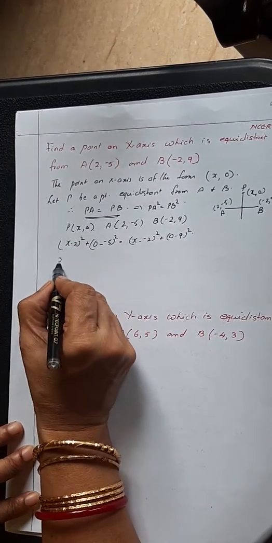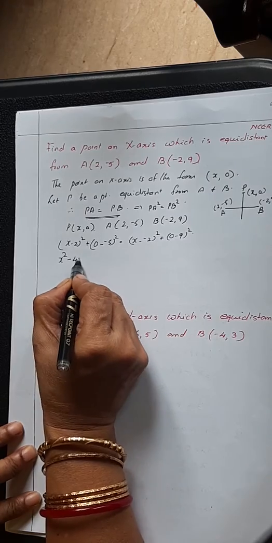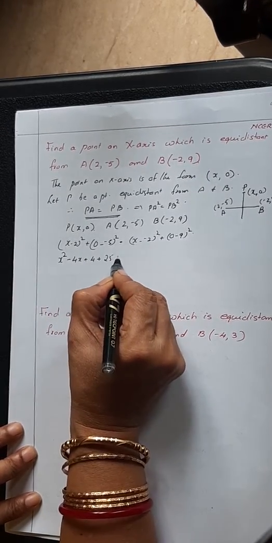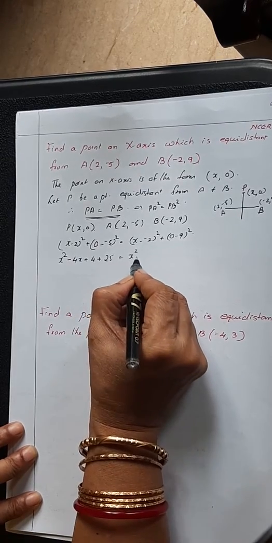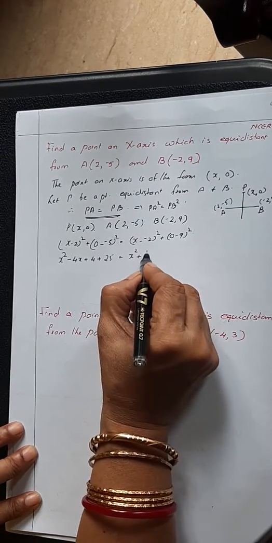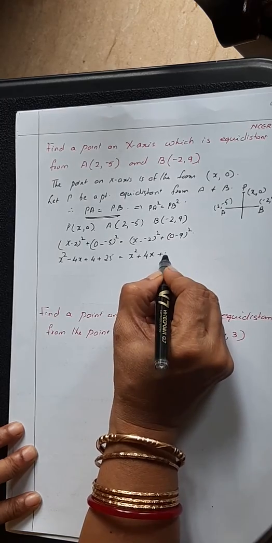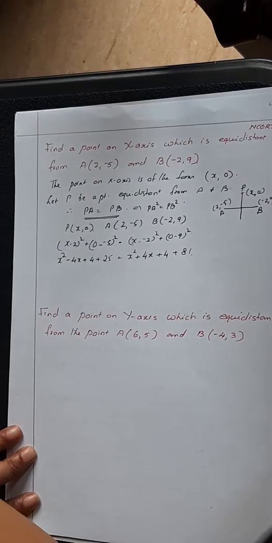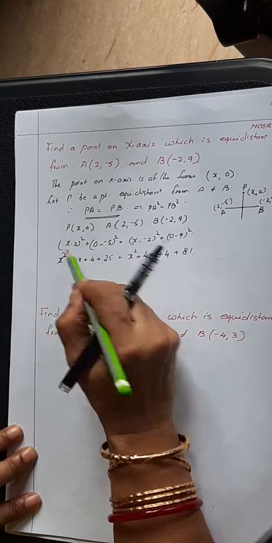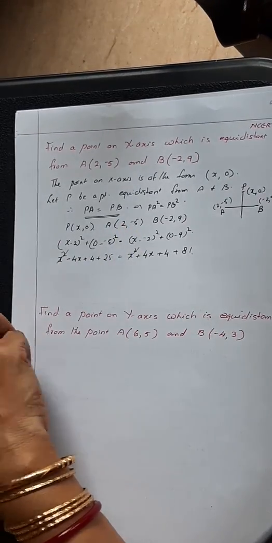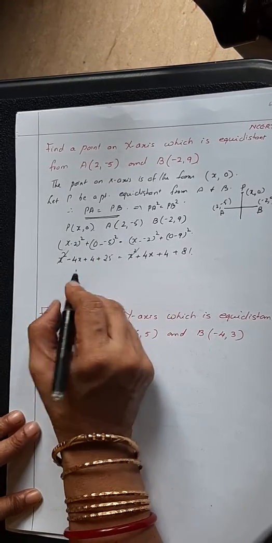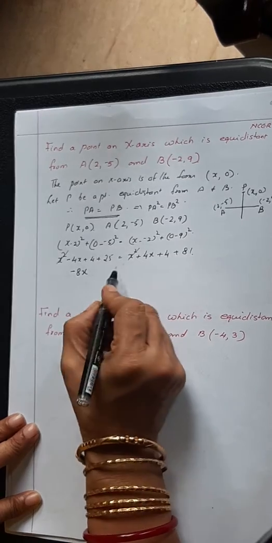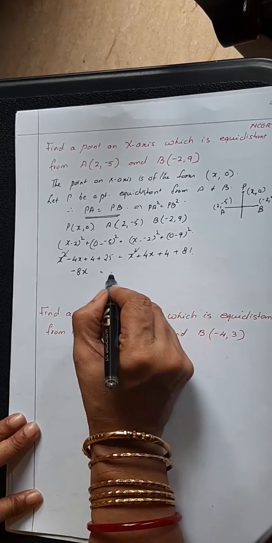So this will become x squared plus 25, and on the other side x squared plus 81. So x squared will get cancelled. So 4x, and this will come here, minus 4x, minus 8x now, 29. So this is 85.